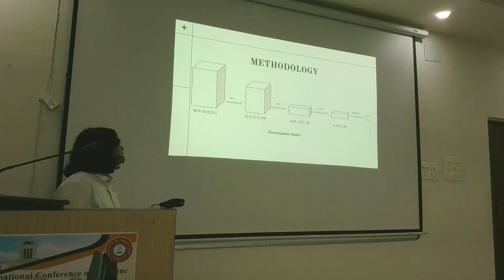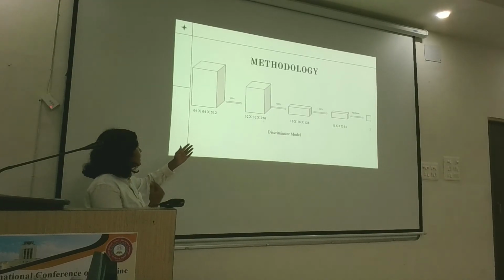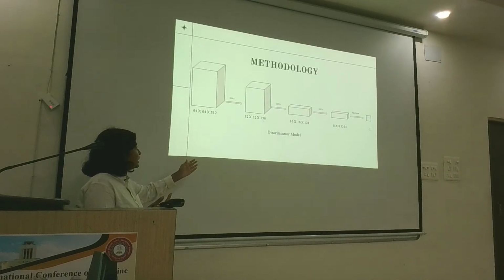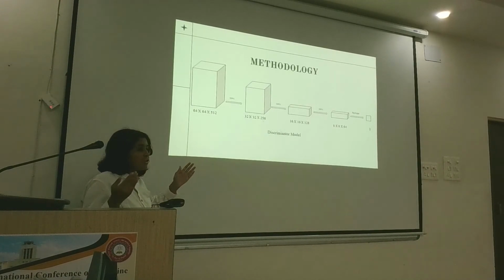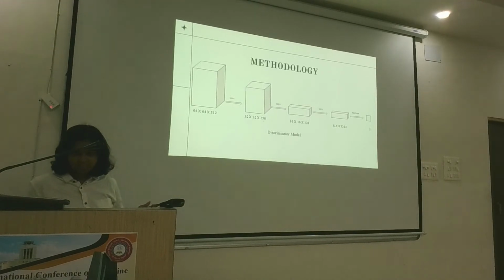The discriminator is provided with the original resolution of the image, 64 cross 64 cross 512, which we pass through convolutional layers to reshape it to 32 cross 32 cross 256, then 16 cross 16 cross 128, then 8 cross 8 cross 64, and then to 1 or 0, with 1 being the real image and 0 being a fake image.